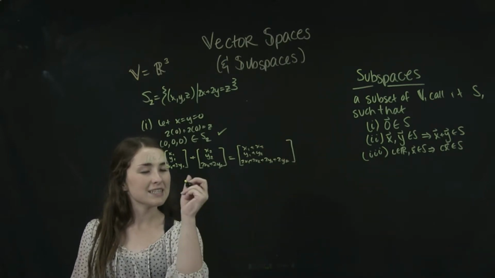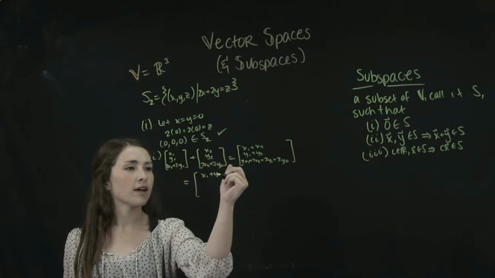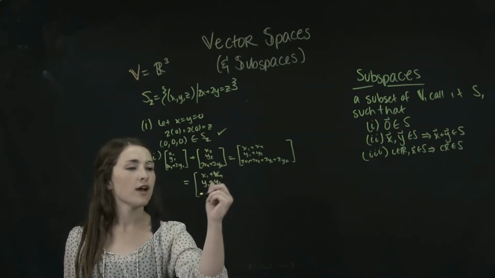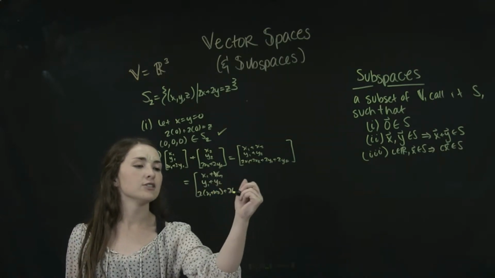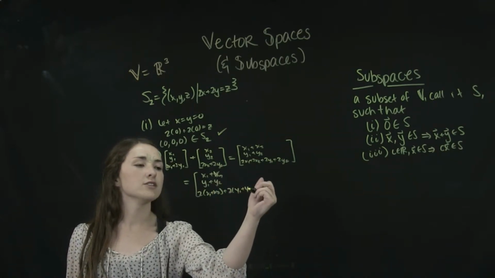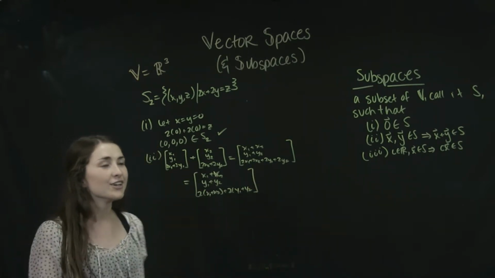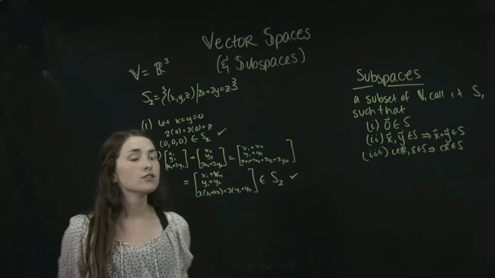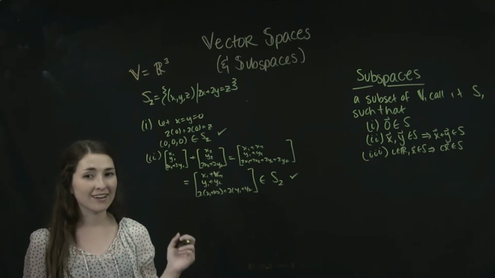So we can simplify this and see that we have x1 plus x2, y1 plus y2, and then 2 times x1 plus x2 plus 2 times y1 plus y2. Whew. So now we see that this is indeed in our S2. So the sum of any two vectors in S2 is also in S2.